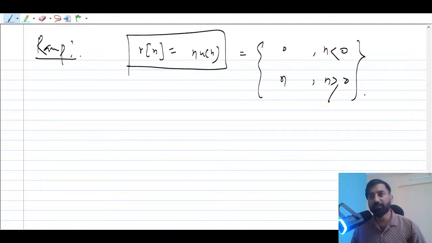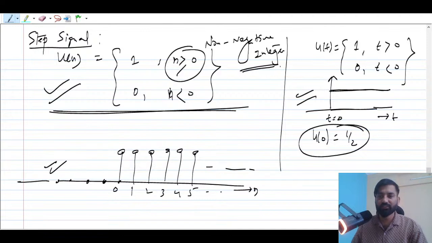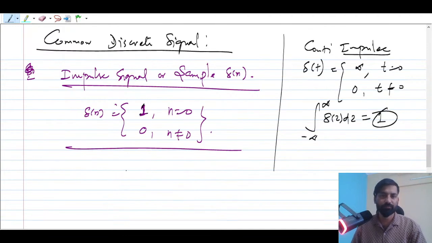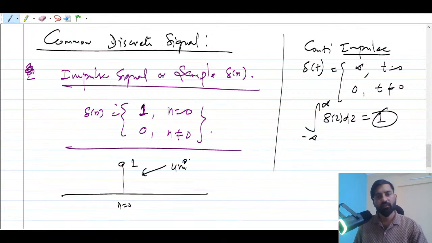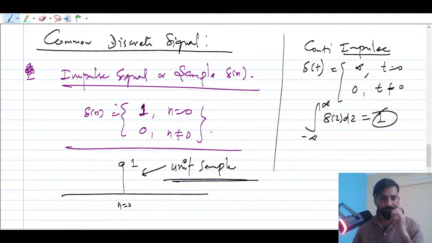Now, discrete impulse is just a unit sample at n equal to 0, as I have told you, right? Discrete impulse is nothing but a unit sample, like this: at n equal to 0 it is 1.